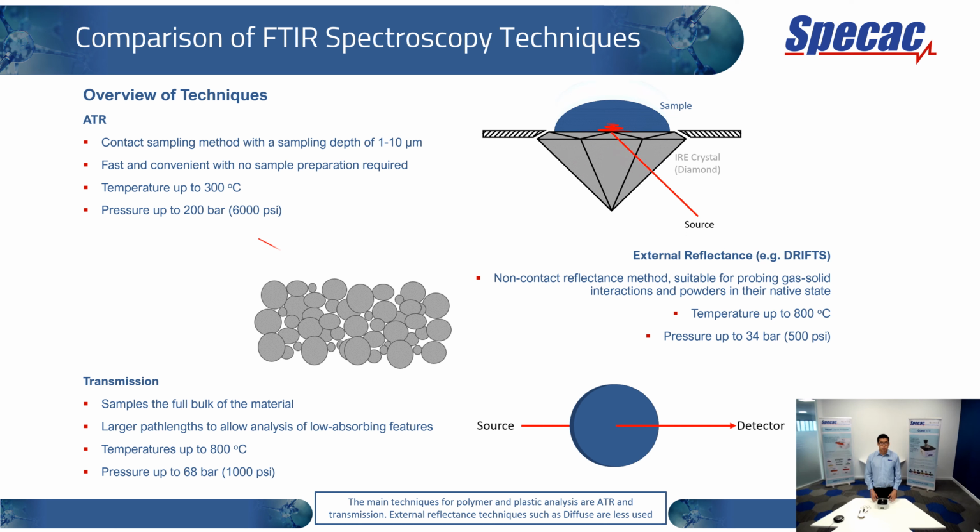And we also have the HTHP high temperature, high pressure cell that can go up to 800 degrees Celsius for transmission analysis that requires that temperature as well.